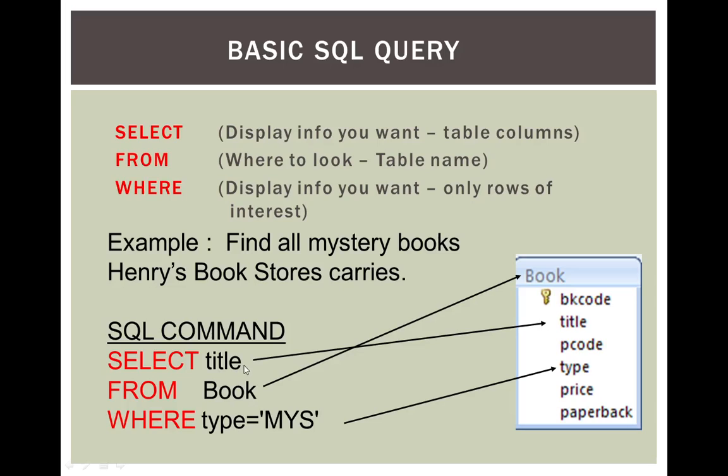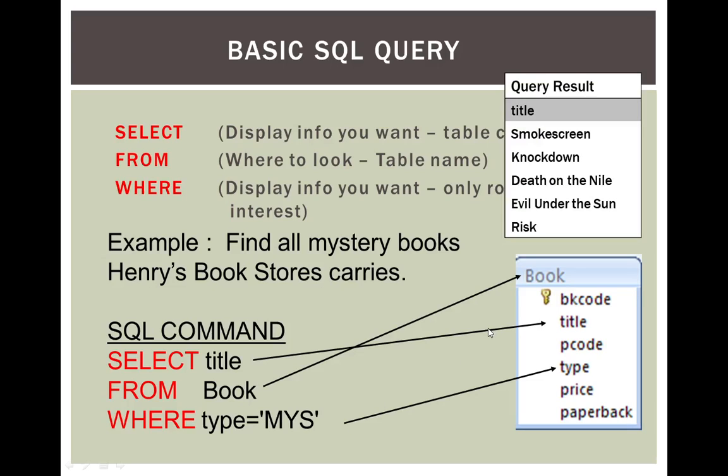We're saying, hey, find the title in this table. And then here we have a conditional where type equals mystery. You notice that this is in quotation marks, which means that it is a string character, and if it didn't have the quotation marks, we probably would not get a return on that.